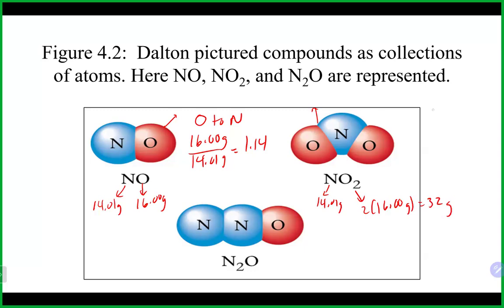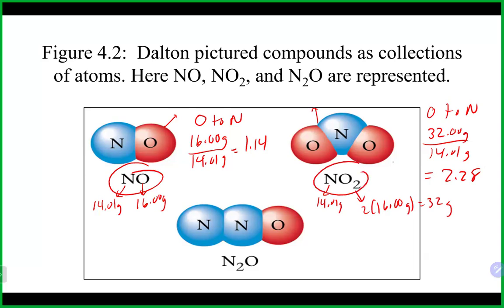And if I take the oxygen to nitrogen ratio here, we have 32 grams divided by 14.01 grams gives us 2.28 as our ratio. The difference between this guy and this guy is we have twice the amount of oxygen, right? The difference in the ratio is 2, right?